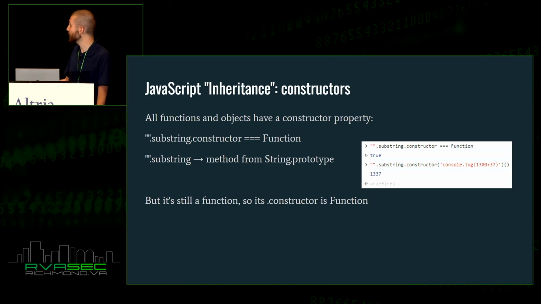So we can do something like this, and this actually leads to code eval. So despite the fact that we don't have Function in the AST evaluator, just from a string primitive, or literally any function, we can call .constructor on it, get Function, pass it a string we want to execute, call it, and call the result, and we have eval.